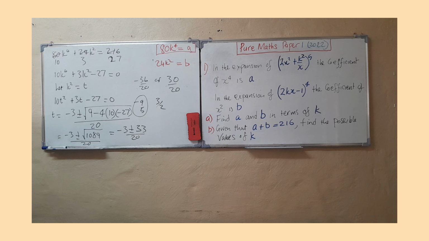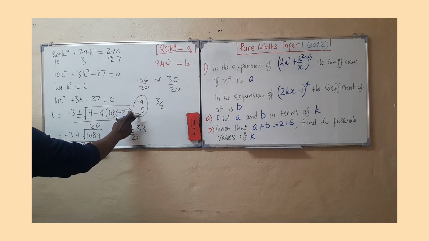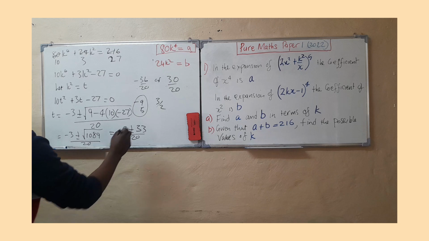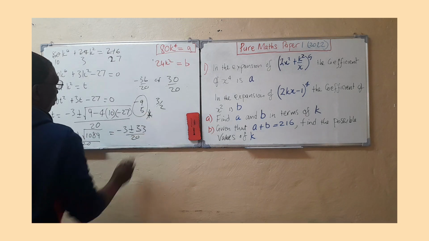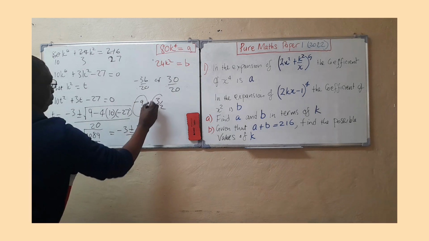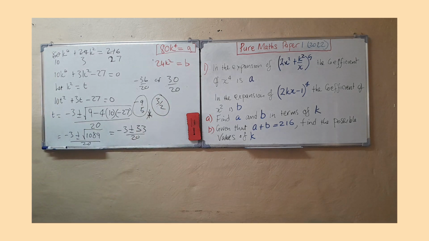So our k is equal to the square root of this or the square root of that. This, of course, is completely out because this will be an imaginary number. I just want to make sure that we are on the right track, because we said t is equal to k squared.